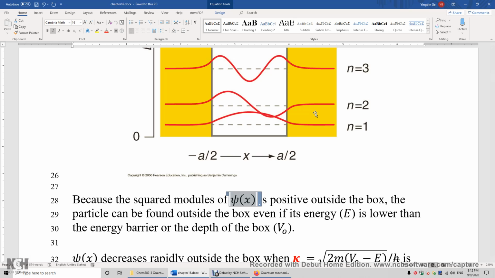Therefore, the probability density of finding the particle outside the box is positive. Therefore, the probability of finding the particle outside the box is positive. Therefore, it's possible to find the particle outside the box, even though its kinetic energy is considered negative outside the box.